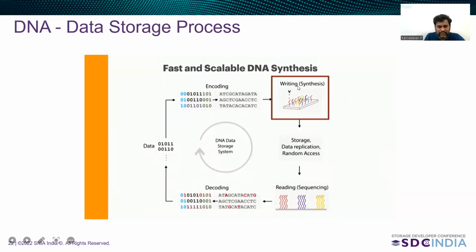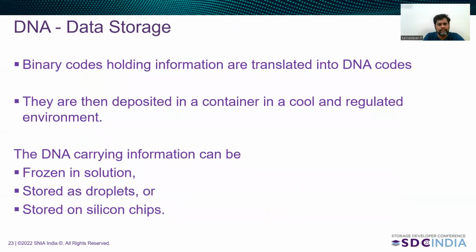Then we write the data, a process called synthesis, then store the data. If you want to read the data again, that process is called sequencing. Then again, using the special software, we decode the data, converting from DNA code to binary code.